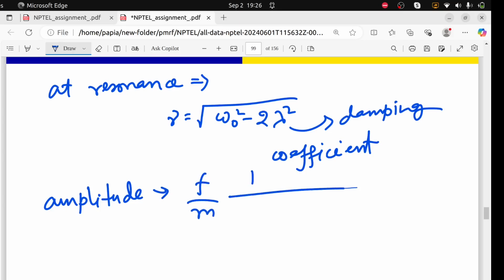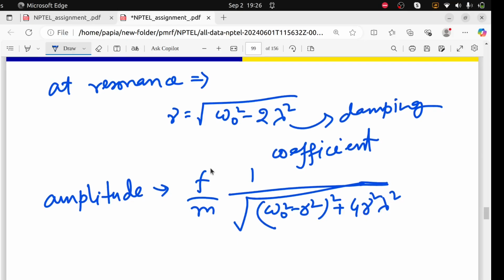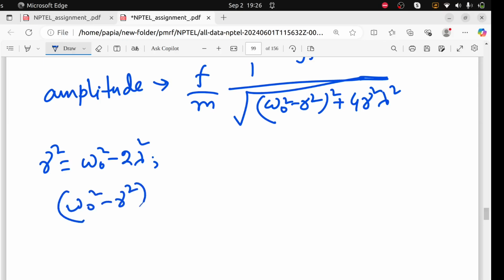F by M root over, so let me write here, omega 0 square minus gamma square.